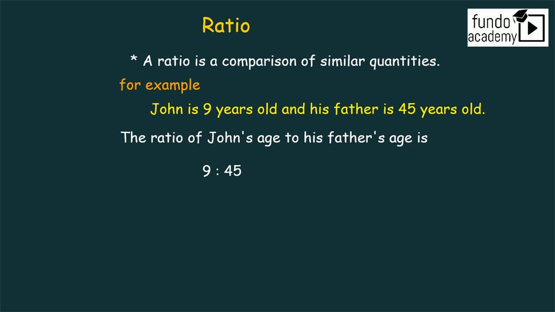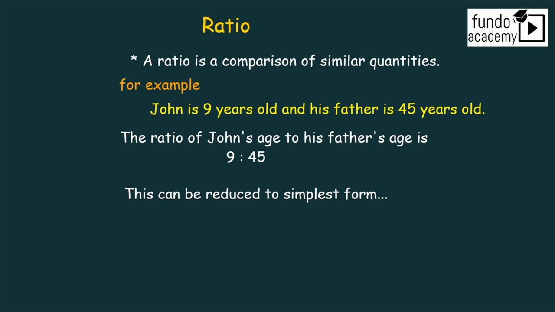Alright, so let's just move this a little. So this can be reduced to simplest form. And how do we reduce this to simplest form? If you look at the figures 9 and 45, you can see that they can be simplified by dividing by 9.